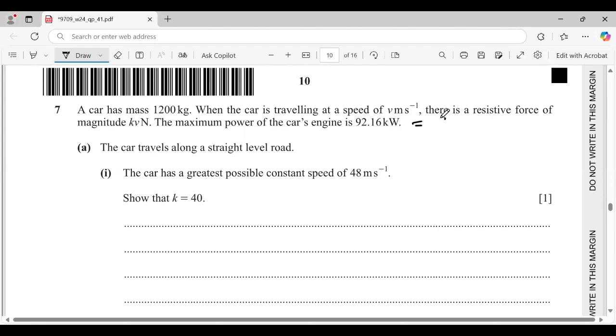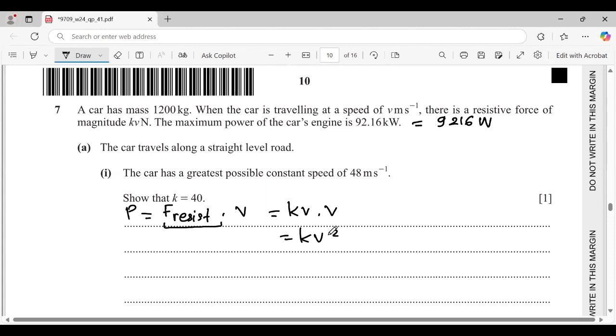92.16 kilowatts is equal to 92,160 watts. Right. For this question, all the engine power is used to overcome the resistive force. So P equals the resistive force times v, and it equals kv times v, and it equals kv squared.